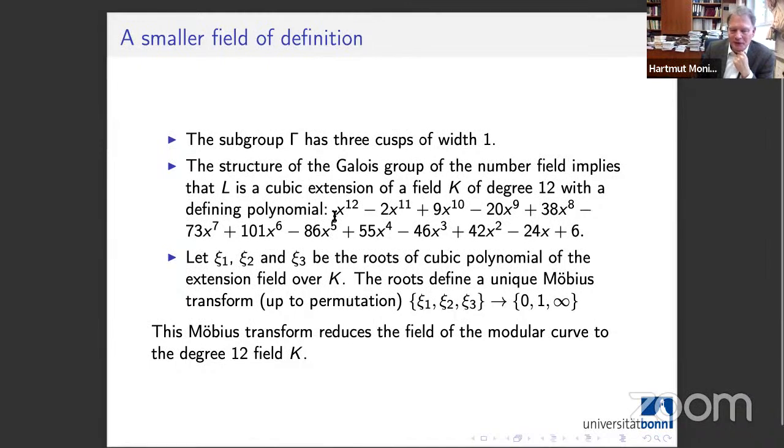So there's a degree 12 field with this irreducible polynomial, and there will be a cubic equation defining L. Now, if you take this cubic equation and let psi1, psi2, and psi3 be the roots of that cubic polynomial of the extension field over K, then these 3 roots define a unique Möbius transformation if I map psi1, psi2, psi3 to 0, 1, and infinity.